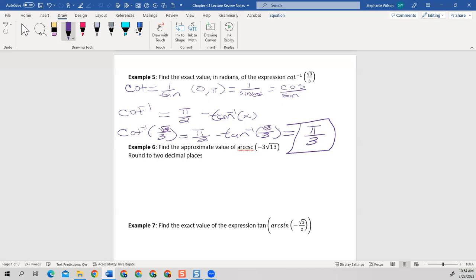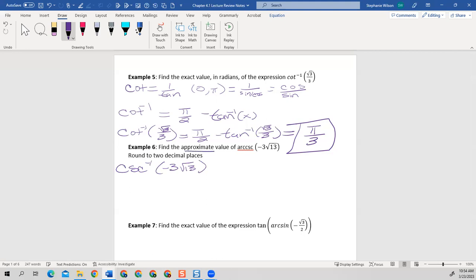Okay. Example 6 says find the arc sine of cosecant, which means it's the inverse of cosecant. So let's just rewrite it. I'm going to type it in my calculator, and it says round to 2 decimal places.